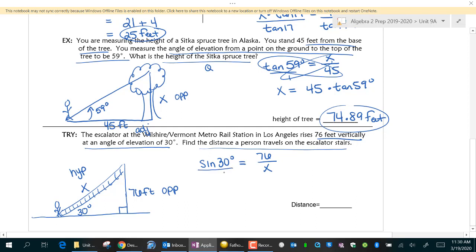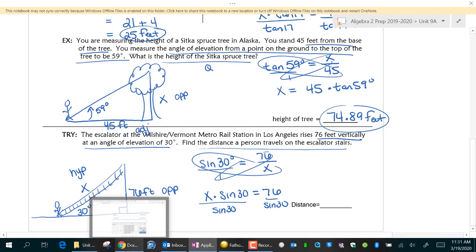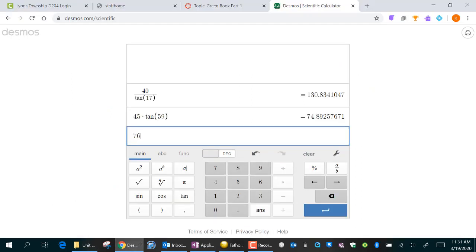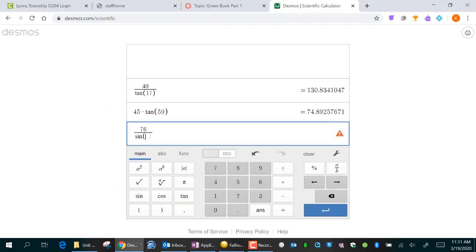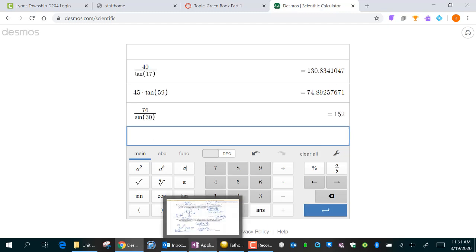So again, I put sine of 30 over 1, and I cross multiply. So we get x times sine of 30 equals 76. Finally, I divide both sides by sine of 30. And we get 152.